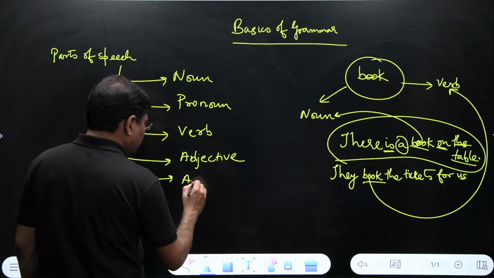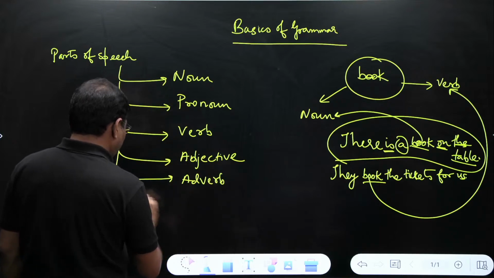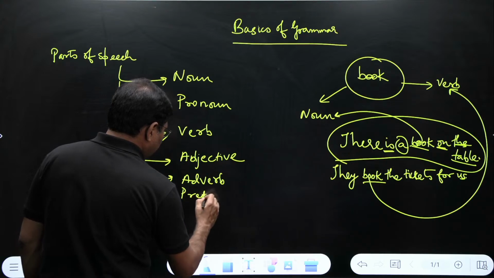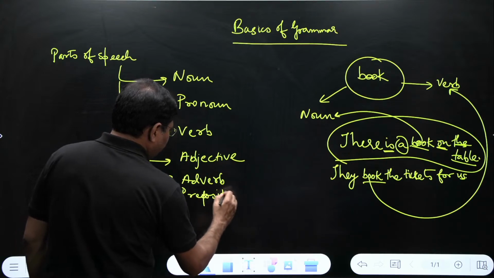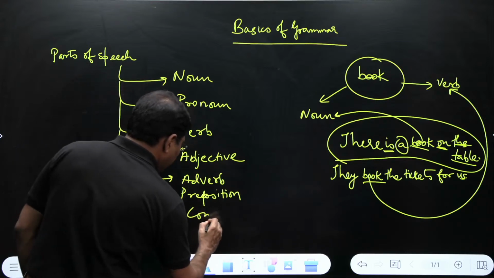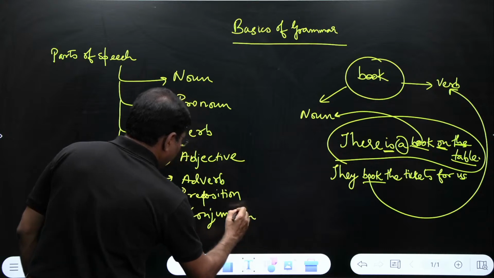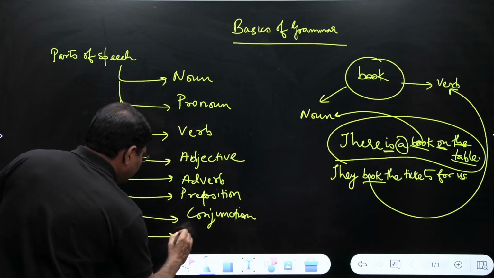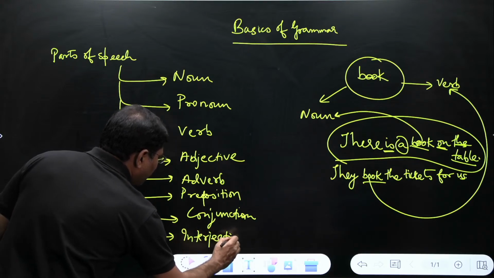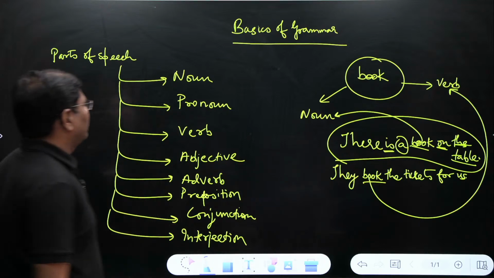It could be an adverb. It could be a preposition. It could be a conjunction, or it could be an interjection. So these are the different parts of speech that are there in the English language.